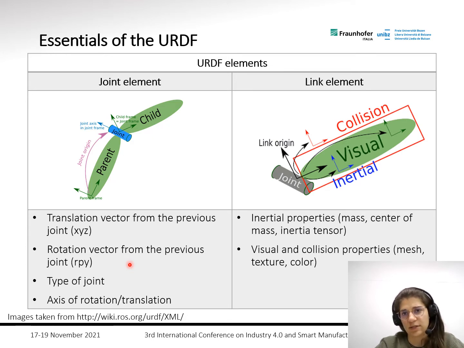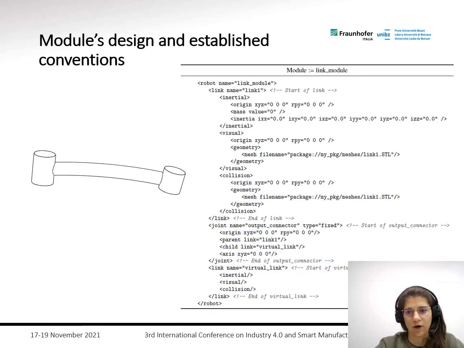The link element, on the other side, stores the dynamic properties, for example the mass, the center of mass, and the inertia tensor, so the inertial properties, and the visual and collision properties. These frames are all presented with respect to the parent joint frames. Obviously, we should remember that several link modules put together could also lead to a single link element.